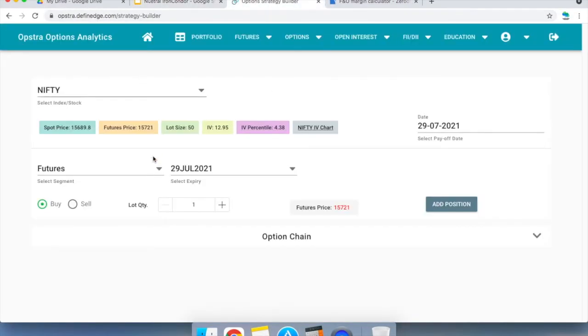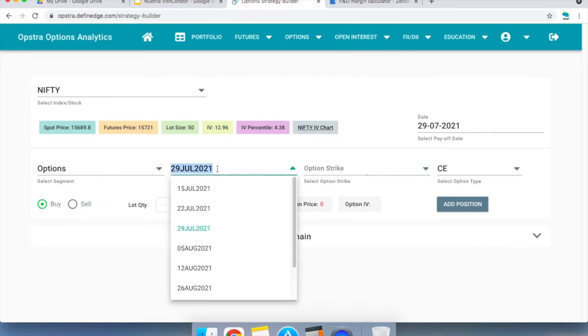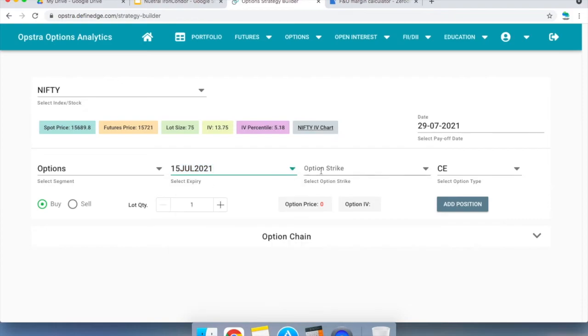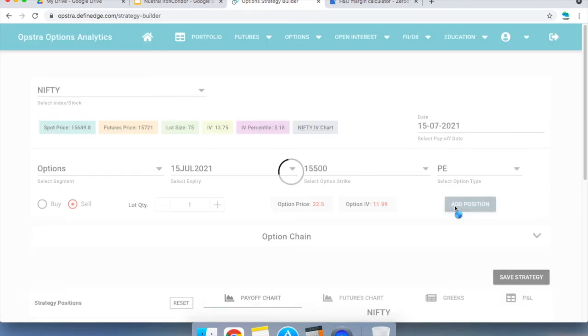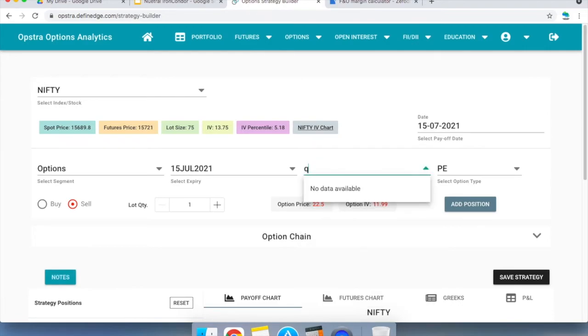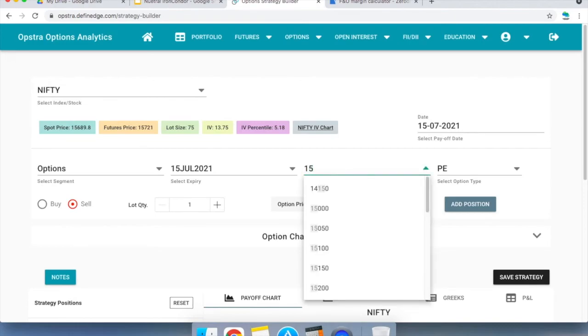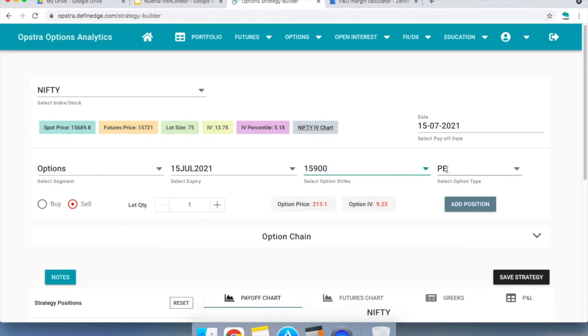So we take the same position. This is the Upstox tool for strategy builder, and we're taking the same position in the Nifty, right? We're going to take next week's position. Our range is 15,500 put, we short it. Now the other side, our range is 15,900, so we short that call also.